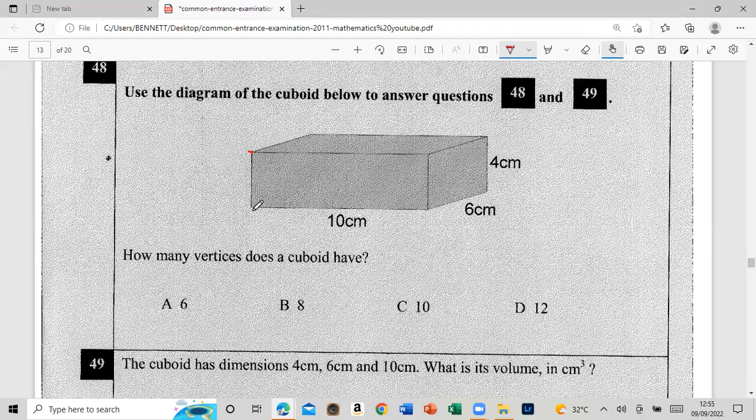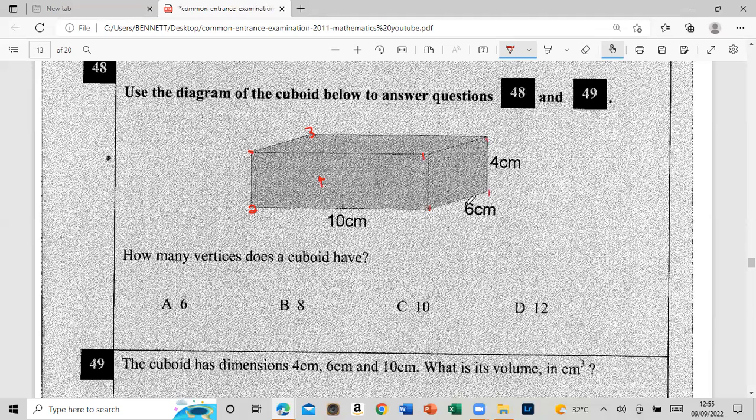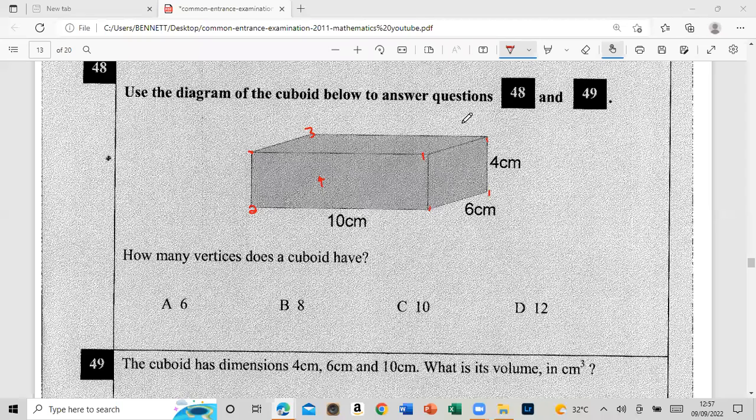So 1, 2, 3, 4, 5, 6, 7, 8. 1, 2, 3, 4. So that's 8. Alright, so that should be 8, right? 4 and 4, 8.